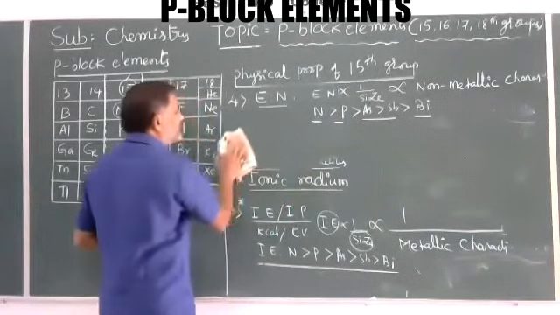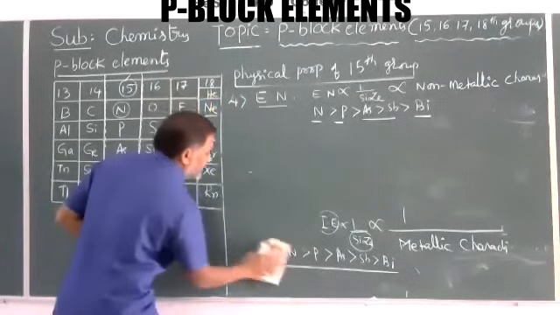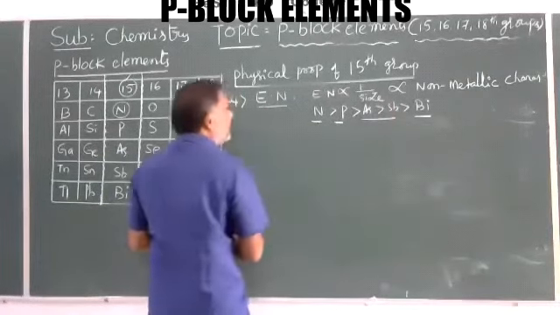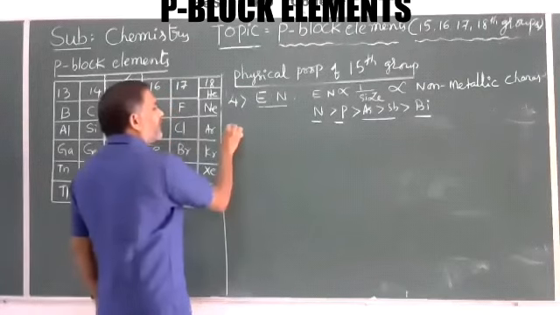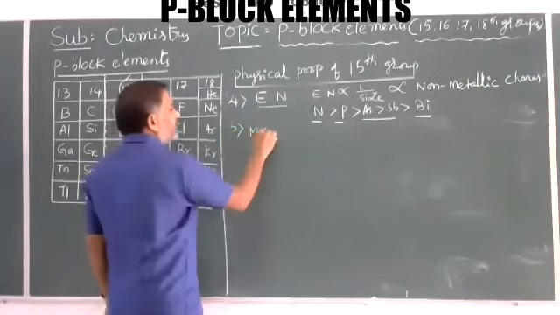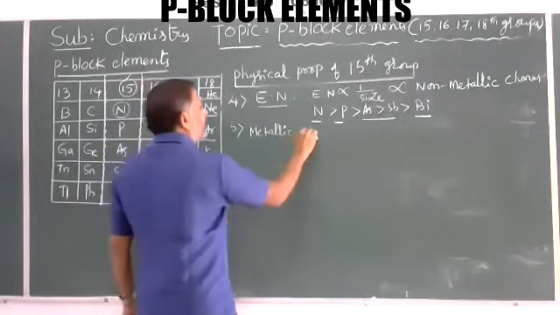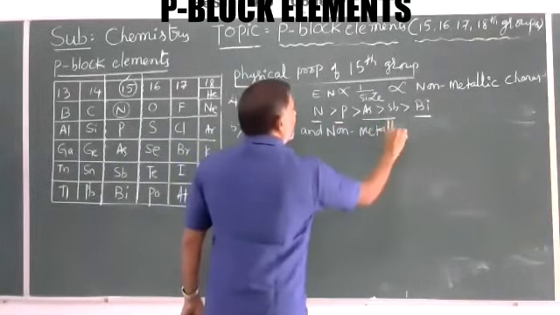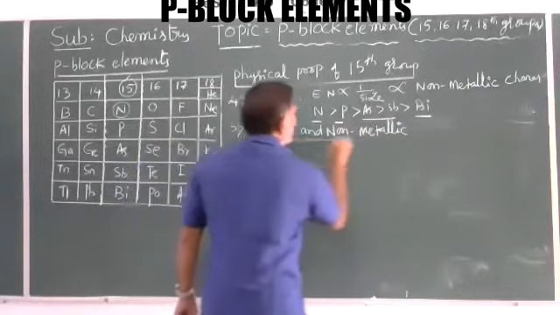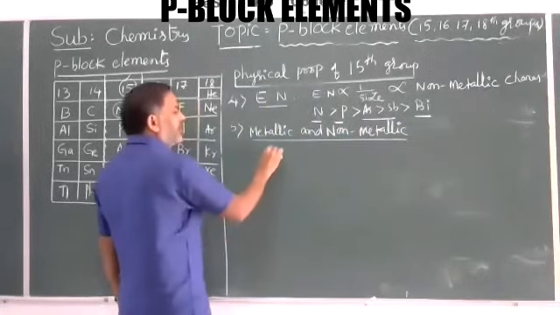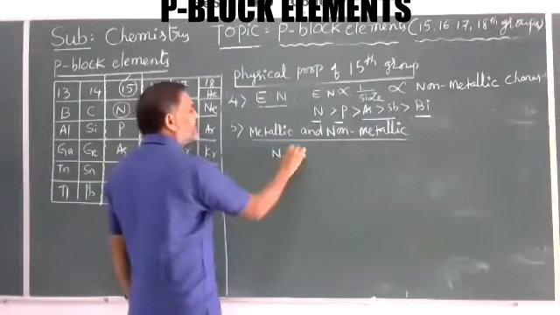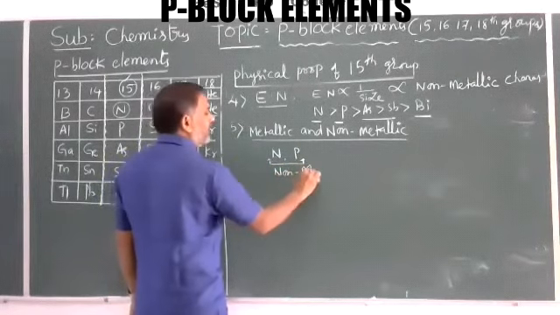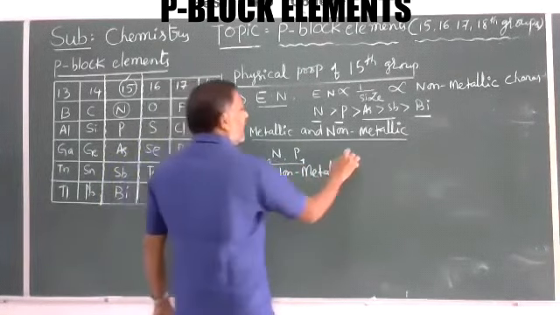So based on this explanation of the metallic and non-metallic characters of 15th group elements, nitrogen and phosphorus are non-metals.